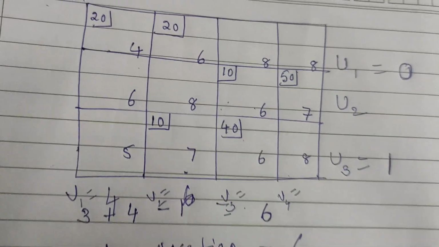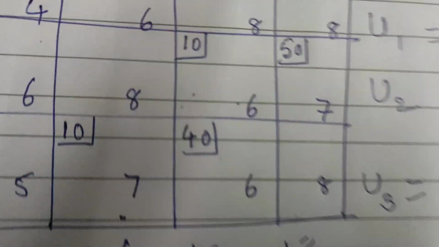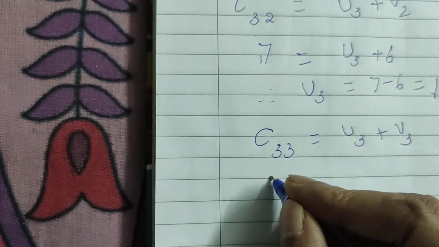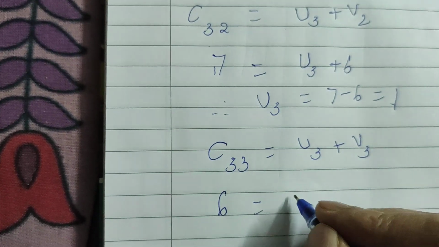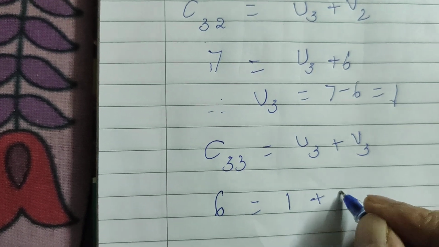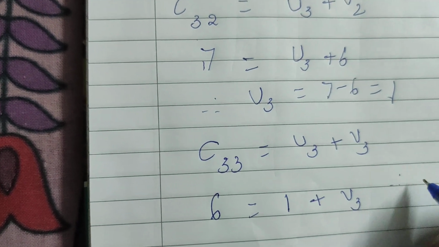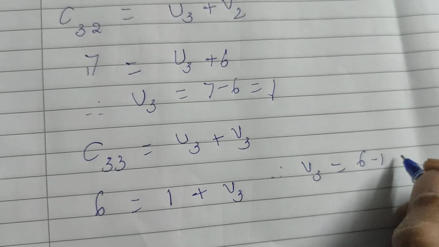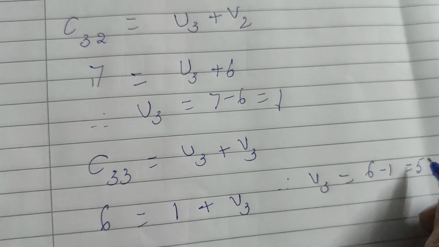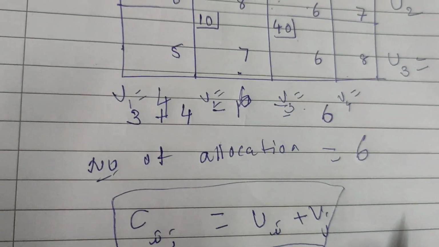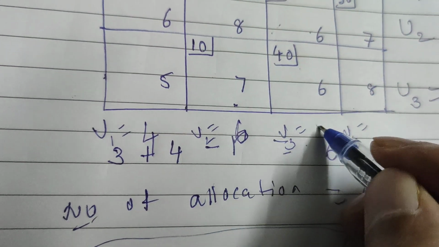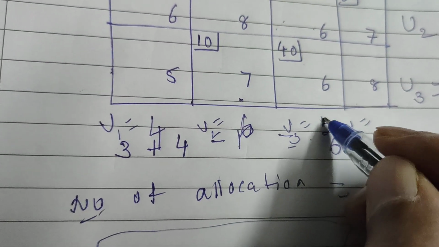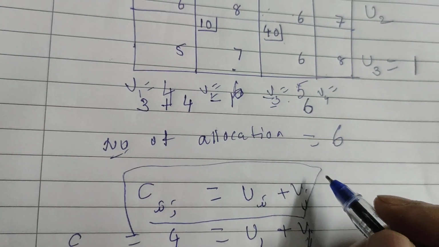What is the cost value of C33? The cost value is equal to 6, and the U3 value is equal to 1, plus we don't know the V3 value. Therefore V3 is equal to 6 minus 1, which is 5. V3 value is equal to 5 here.